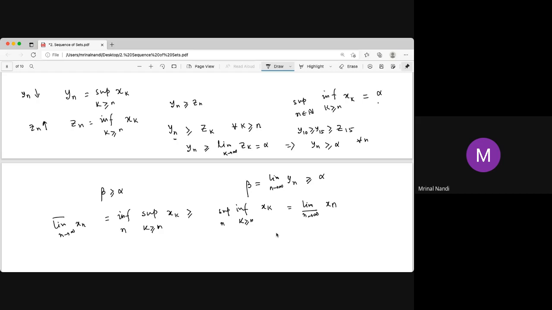So this idea is motivated from this, and from this motivation in real sequences, for lim-sup and lim-inf, we define the same thing for sets also. For a set, supremum and infimum are not there. So supremum actually means the union, and infimum means the intersection.